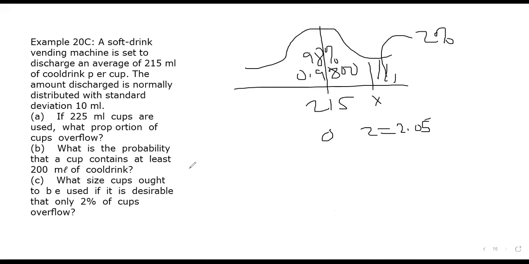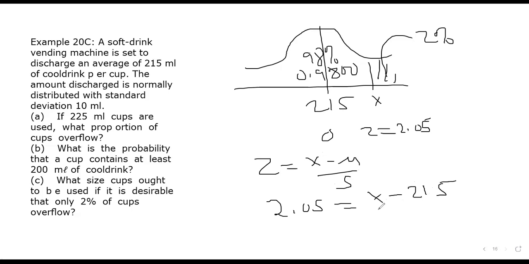So they're asking what size of cups ought to be used. So z is equal to x minus mu over standard deviation. 2.05 is our z. X we don't know. Our mean is 215 and our standard deviation is 10, as was given here. So you cross multiply. So this is 20.5.